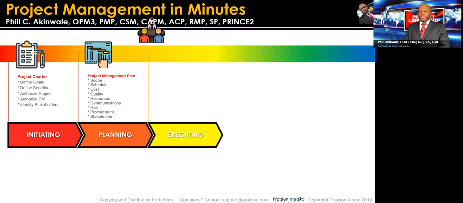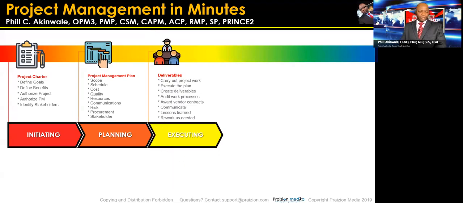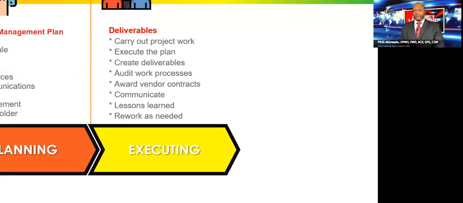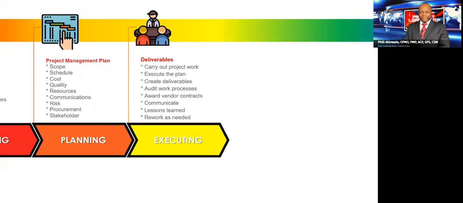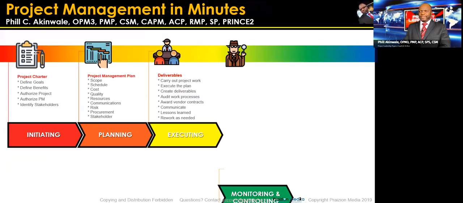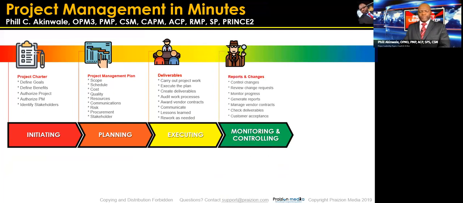The next thing we have here is executing. Executing is all about carrying out the work, executing the plan, creating deliverables, auditing work processes, awarding vendor contracts, and communicating, carrying out the lessons learned, and rework as needed. The next thing is monitoring and controlling.